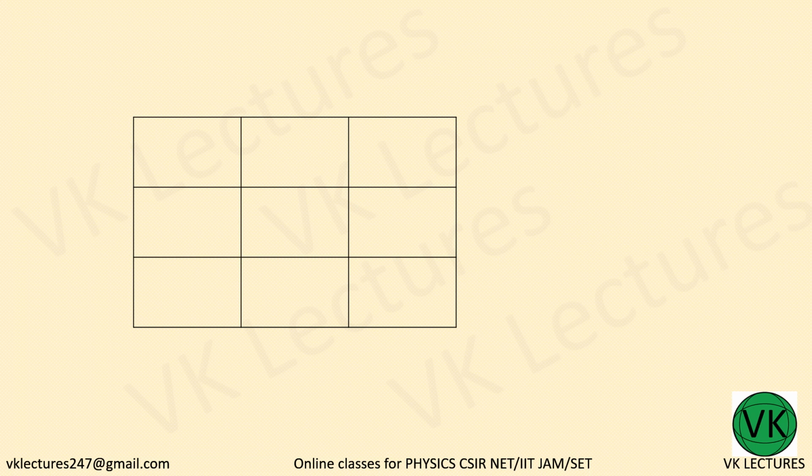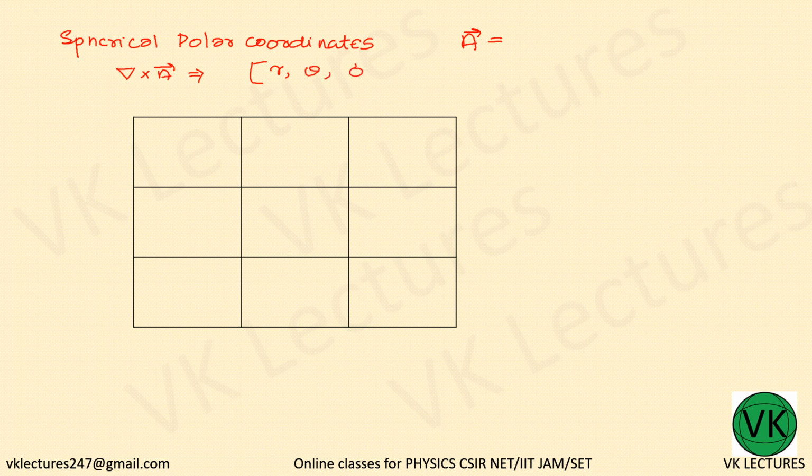Coming to the spherical polar coordinates. We can write del cross A equal to, before that let us write down what is A, and also the coordinates r, theta, phi.